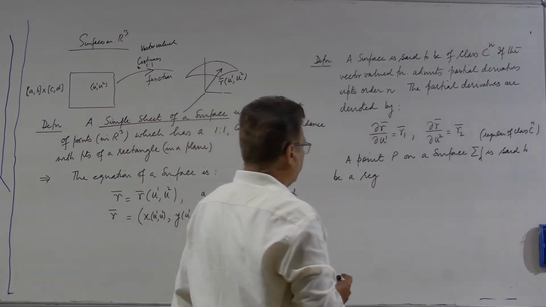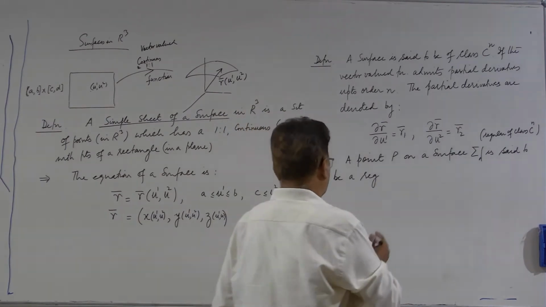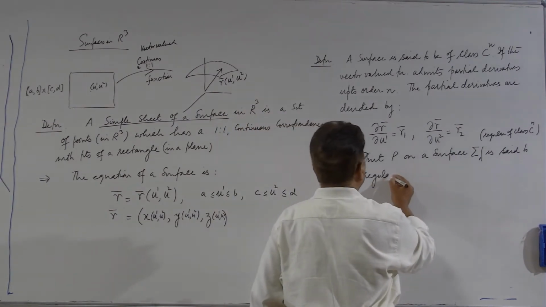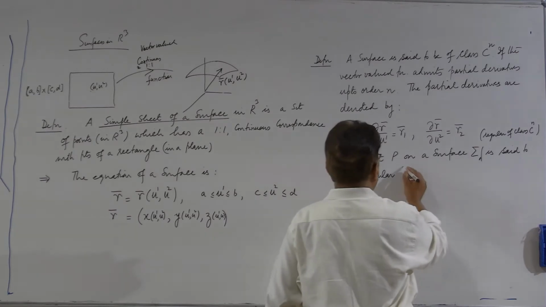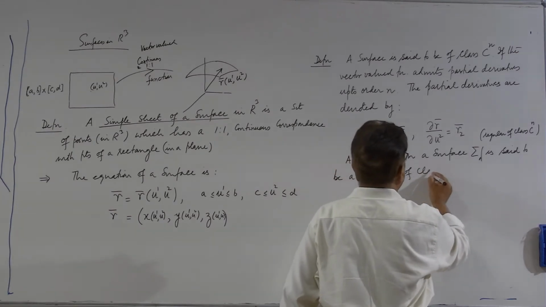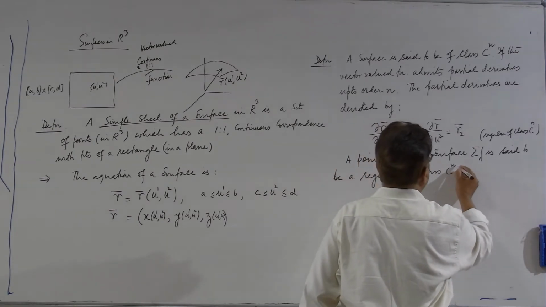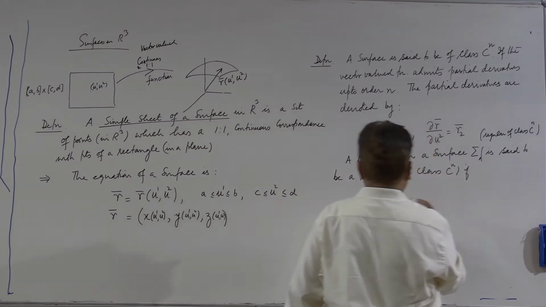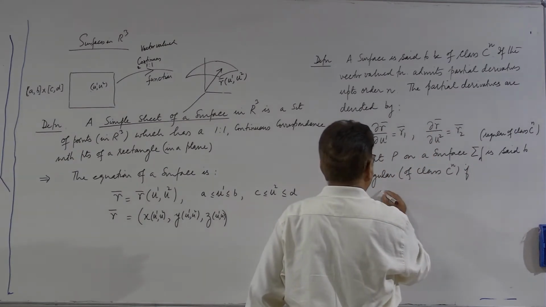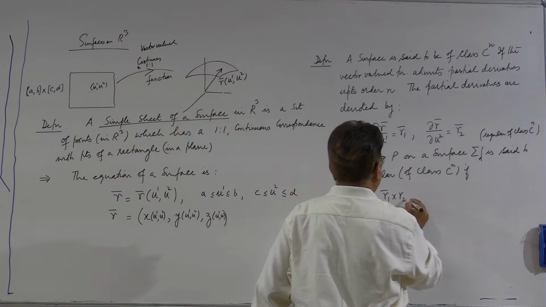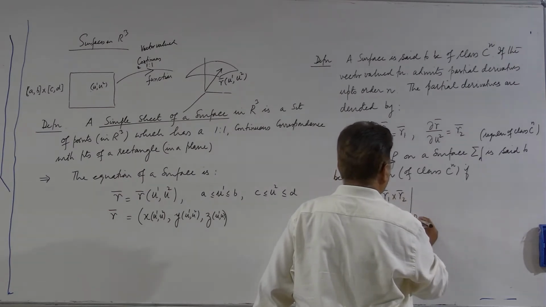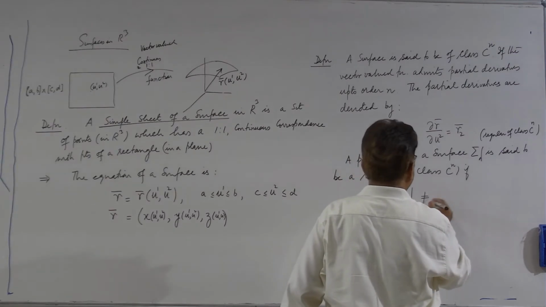A point P on a surface sigma is said to be regular of class C n if r1 cross r2 at the point P is non-zero.